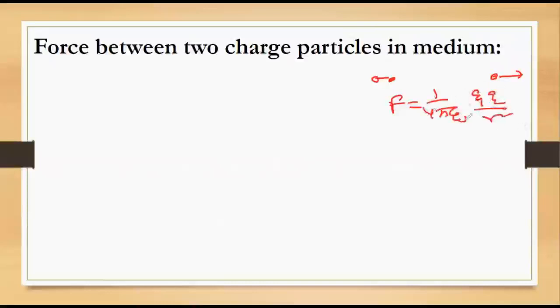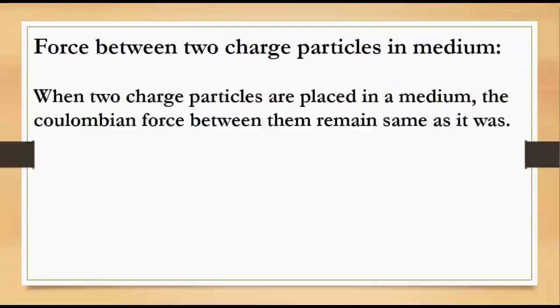But if they are in some medium, what will happen? See, that is very important. When two charged particles are placed in a medium, the Coulombian force between them remains the same as it was. Remember, the force between the two charges will not change at all.